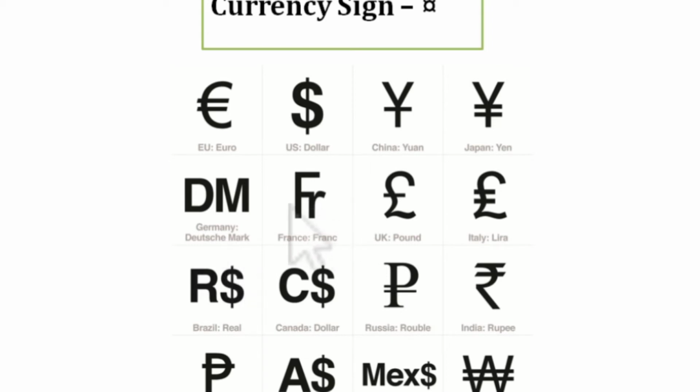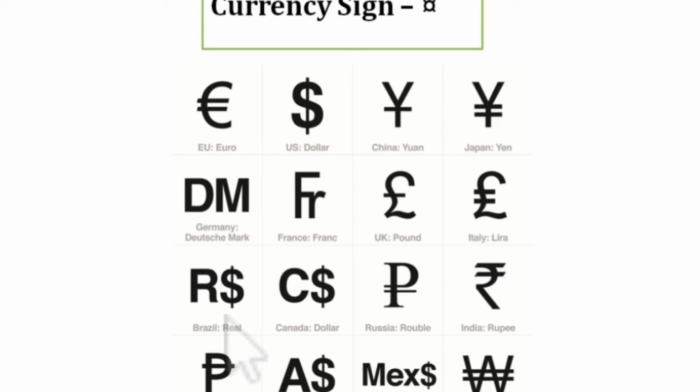And the next one is France, and its currency is known as franc. And the next one is the sign of pound, and this is the currency of the UK, United Kingdom. Next one is the currency of Italy, and this is called lira. It spells L-I-R-A, lira.